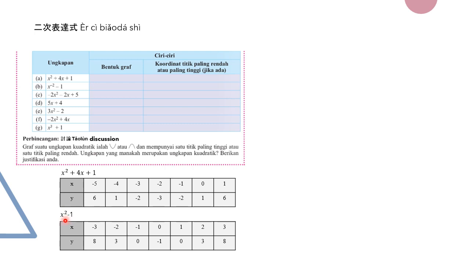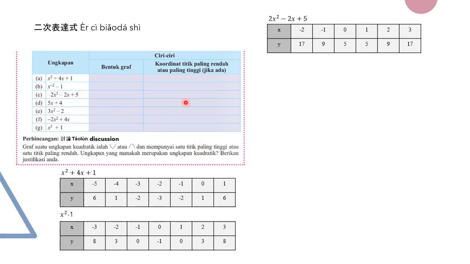Remember, negative times negative is positive, positive times positive is positive, negative times positive is negative. So you substitute each of the x into the expression, or ungkapan, to get all your y values here. Then you go ahead with C, D, E, F, and G, which I have shown you here.